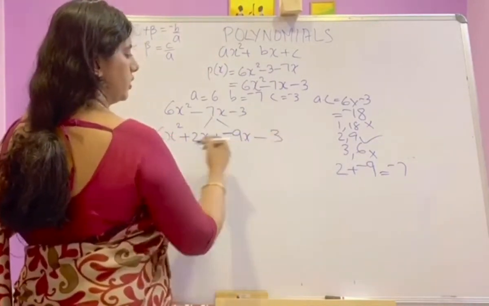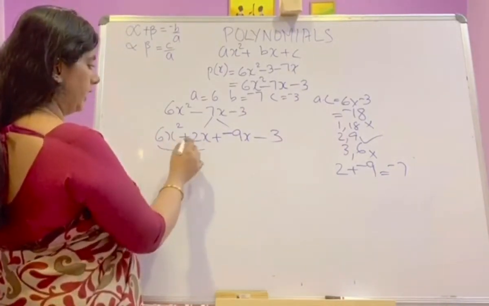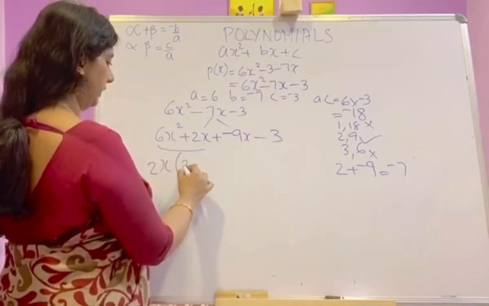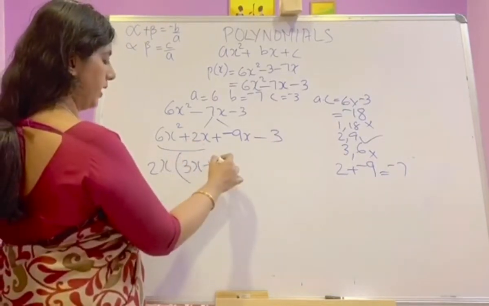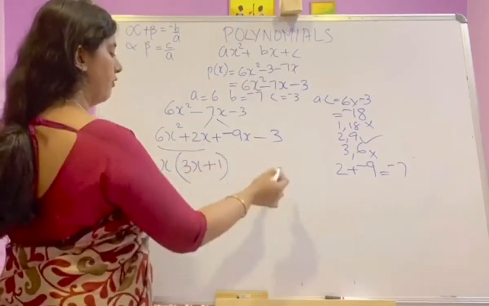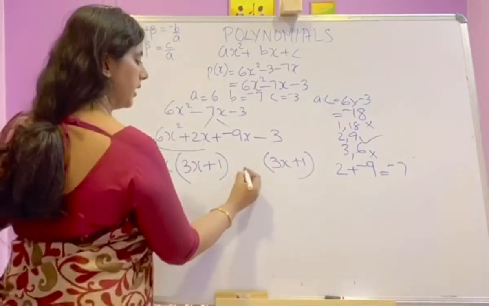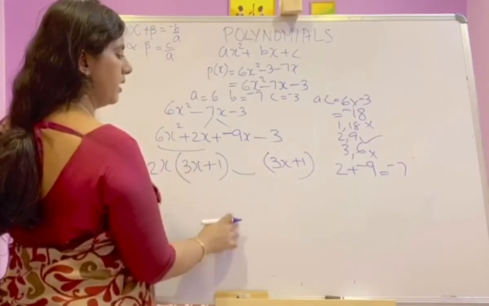Now this minus 3. From these two terms, here 2x is common. Taking it outside, here you will get 3x plus 1, from 2x, 2x is taken outside, so 1 is here. Now first write 3x plus 1 here. Now check. This into 3x, the third term in the previous step.